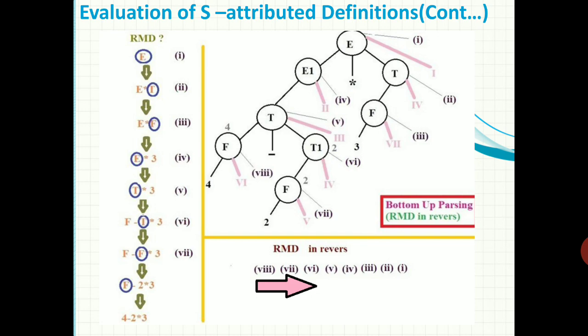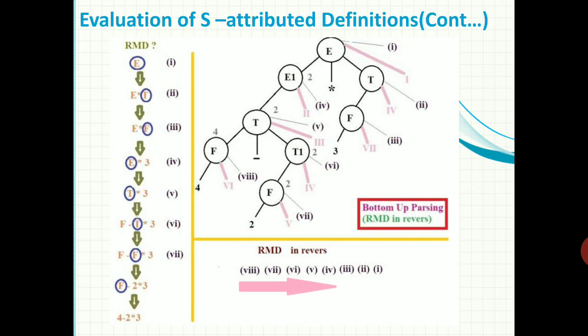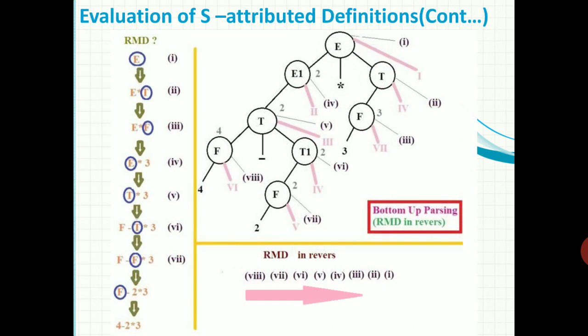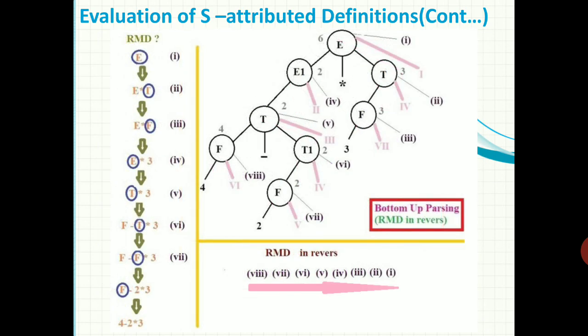Then the next step is the value of 2 is assigned to T. Then the next step is the value of 2 is assigned to E. Then the next step is the value of 3 is assigned to T. So in the case of the last step, you will get the final result as 6.